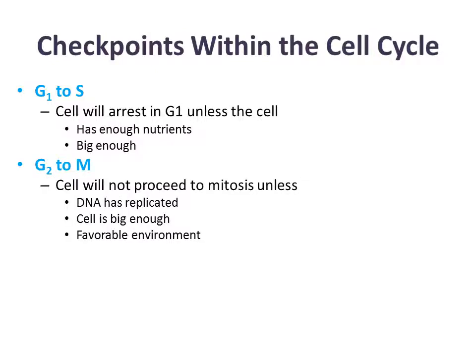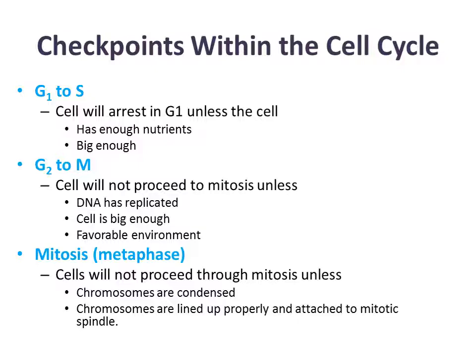At the G2 to M, this is the second major checkpoint. They're assessing whether or not DNA was replicated appropriately. Is the cell big enough, and is there a favorable environment? If there's been major errors in DNA replication, the cell can again enter into a process of cell death.